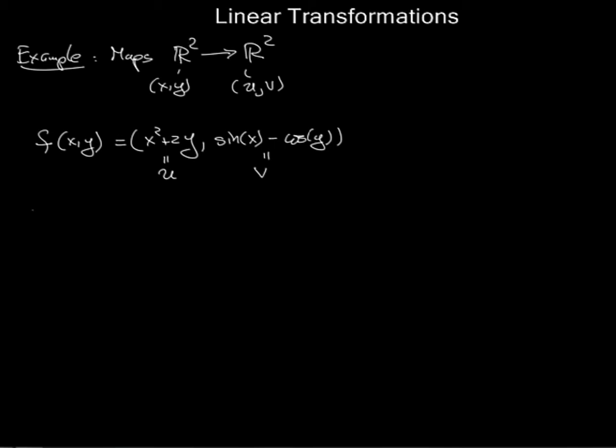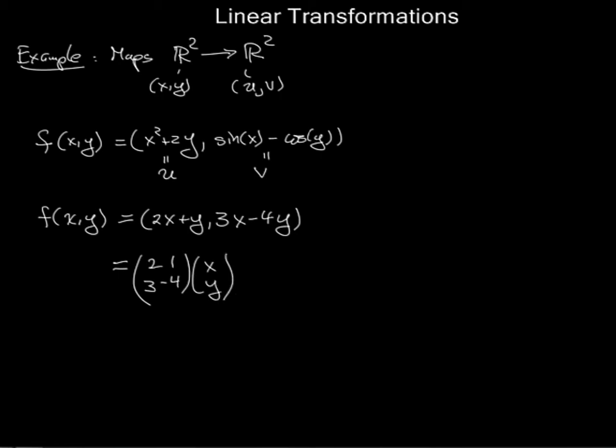So basically you can take any function u of x and y and v of x and y. But we've talked a lot about functions which look like this, 2x plus y, 3x minus 4y. In other words, a function given by a matrix. In this case, the matrix is 2, 1, 3, minus 4. And that's a very special and simple kind of function.